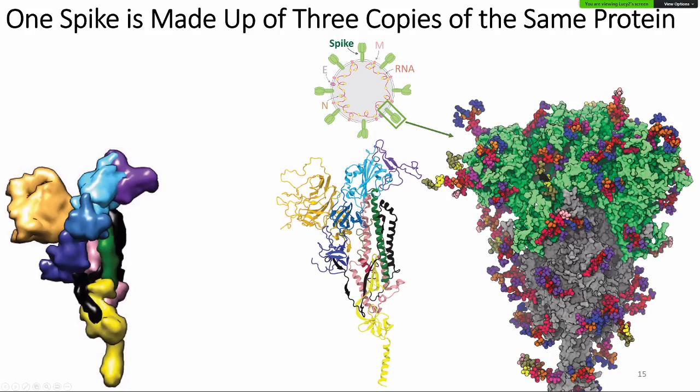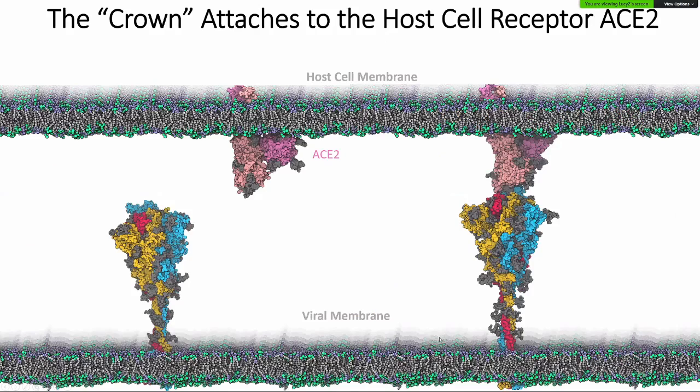And if I change this representation into a space-filling view, you can see that the spike is made up of this green crown region, which is these 3 bulbous things in this cartoon, as well as this gray S2 core. And that green crown region is what is responsible for recognizing and binding the host cell receptor.